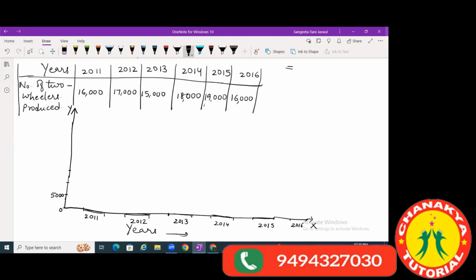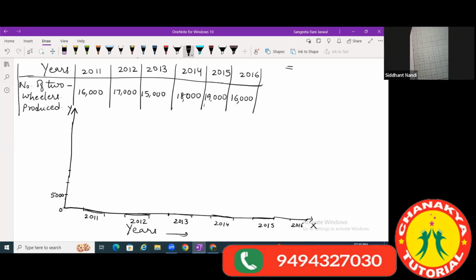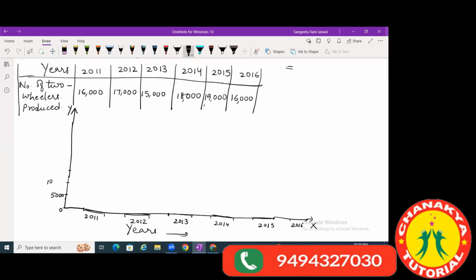So take from 5,000, then you have 15,000. Then take this as 20,000. So you have all bars within 20,000, and there is nothing beyond that.